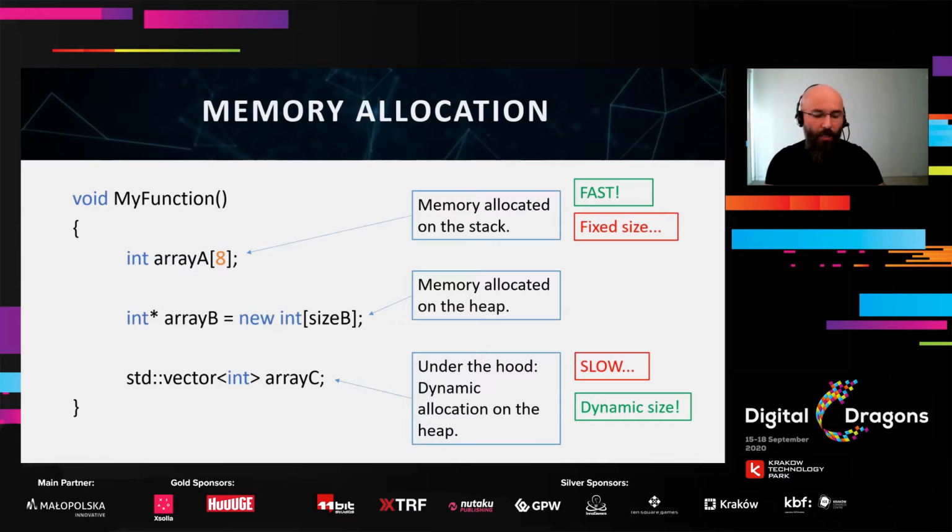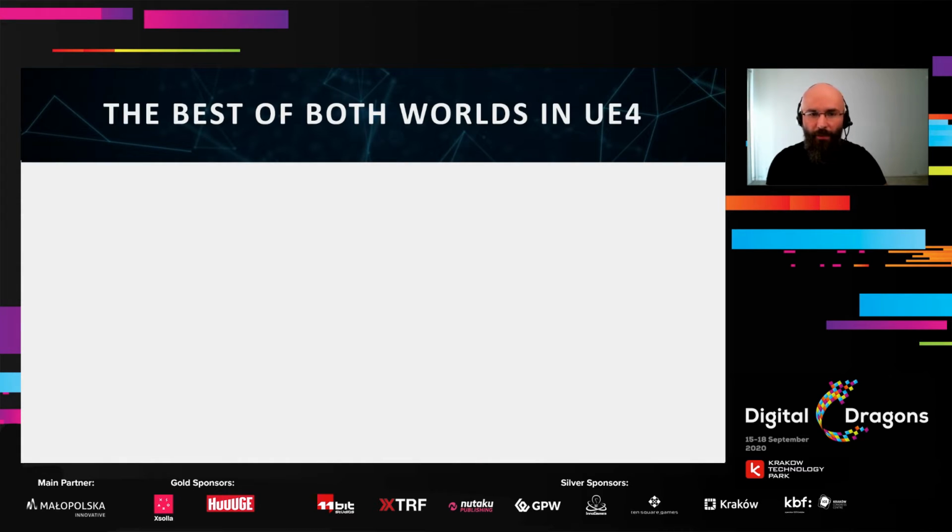But we have a dynamic size of the array. And actually, in almost every engine I have worked with, we can take the best of both worlds. Here is the example in Unreal Engine 4. We want something that connects the fast allocation of a stack array and the dynamic size of an array on the heap.